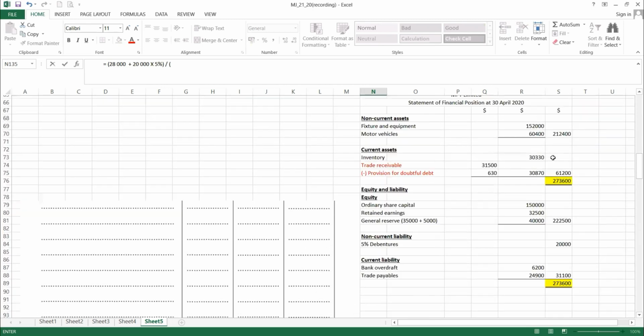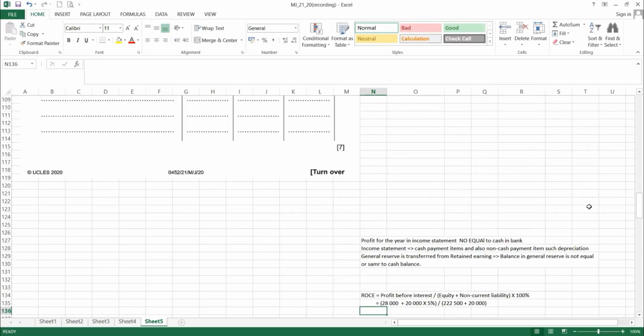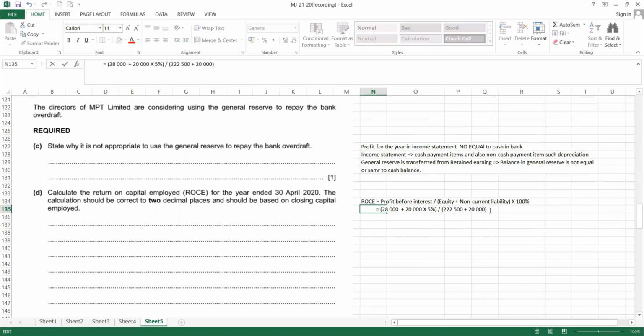Then after that, divide by the equity. They want us to use the closing balance. So this amount, 222,500 plus 20,000. Okay, so that is the amount we have. Then after that, times 100%. So this is the working we should get. Now use the calculator. I calculate first 28,000 plus 20,000 times 5%.